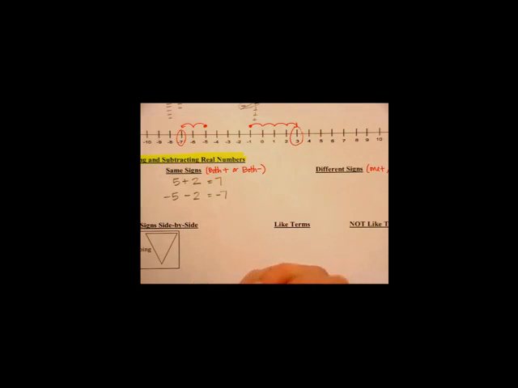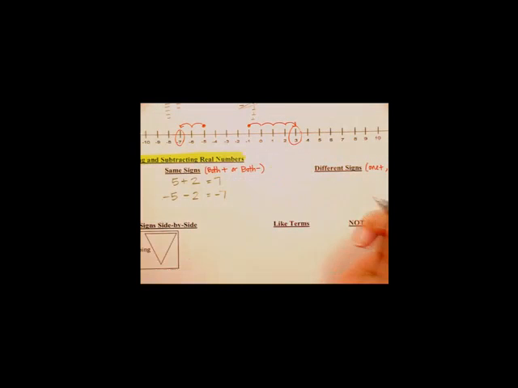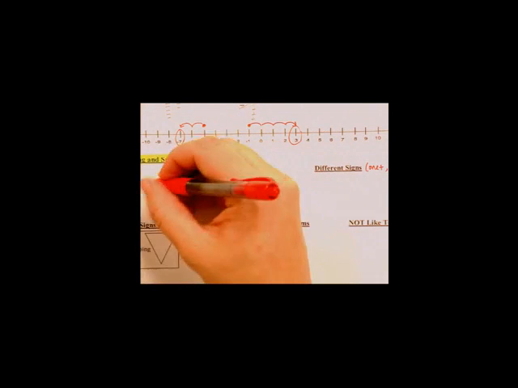Is it addition or subtraction? Well, we can generalize and say that if they have the same signs, they're all positive or they're all negative, generally what we're going to do is we are going to add. I owe you $5, I owe somebody else $2, I add the 5 and 2, I get 7, and I have to remember that that 7 is actually supposed to be negative.